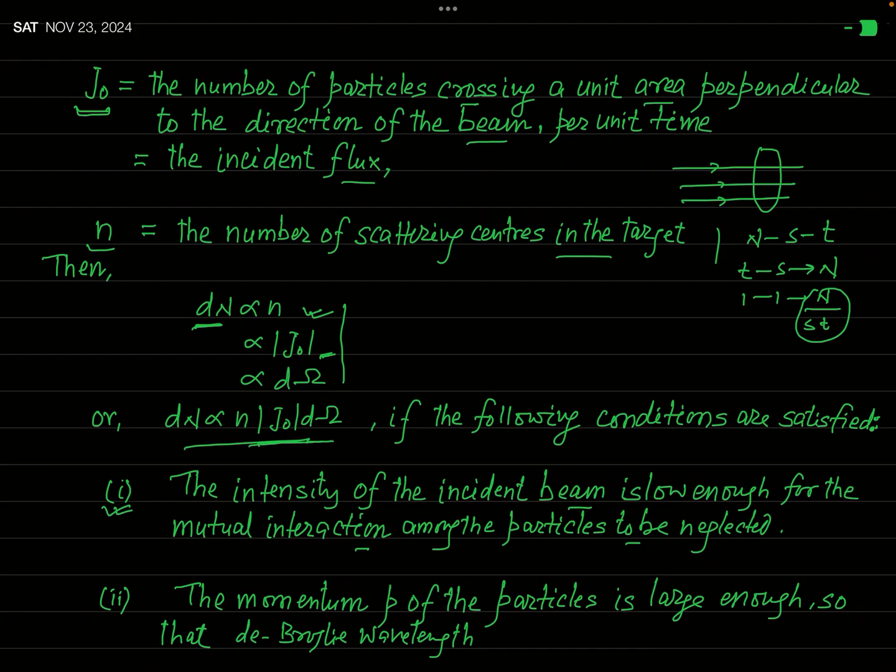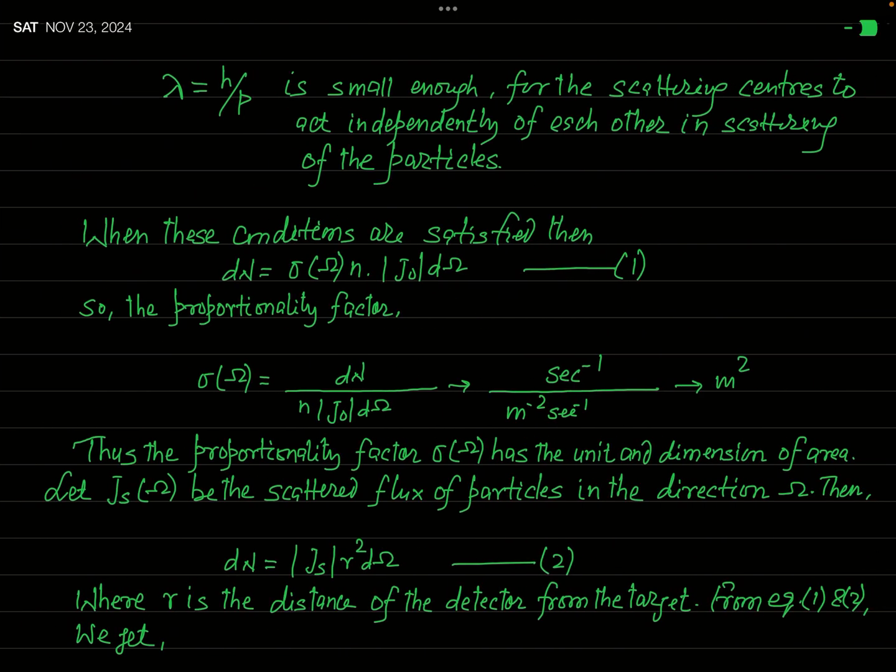Now, another important condition which must be satisfied for the validity of this relation is that the momentum p of the particles is large enough so that the de Broglie wavelength, which you know is given by h by p, is small enough.